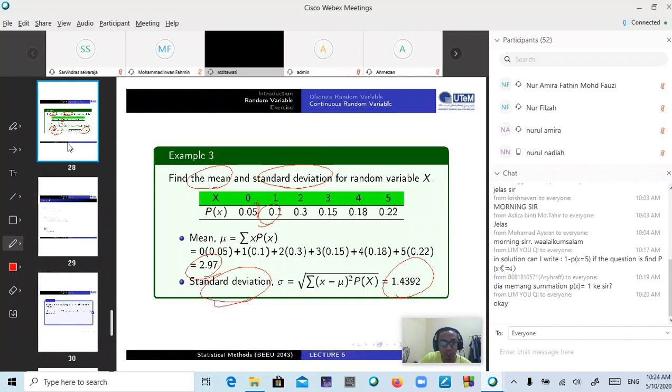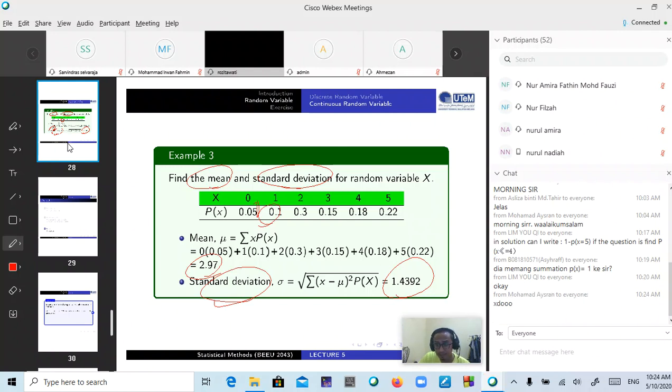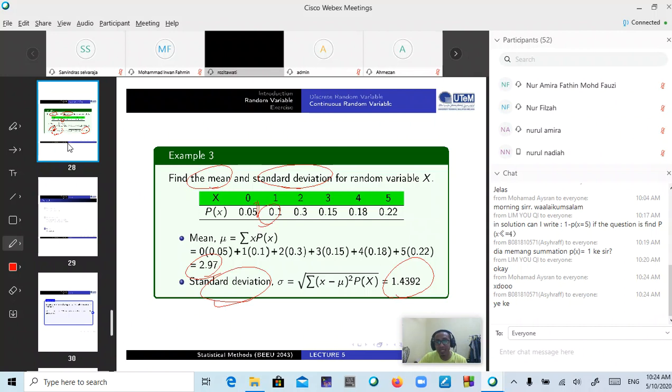Any problem? Ada masalah tak untuk random variable? Supposedly you must score this subtopic ni untuk yang random variable sebab soalan dia tak susah pun. Okay? Cuma yang menjadi masalah bila awak kalut dengan calculation. Kalau calculation is not correct, so salah. Because in your quiz, your test, we give time to you.